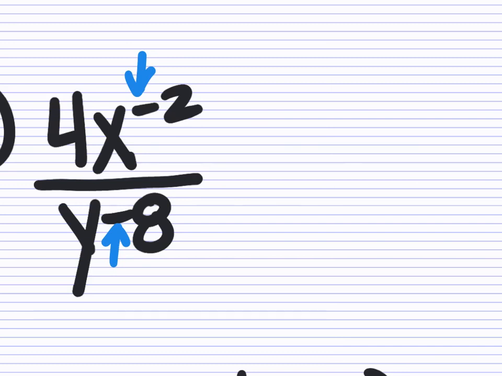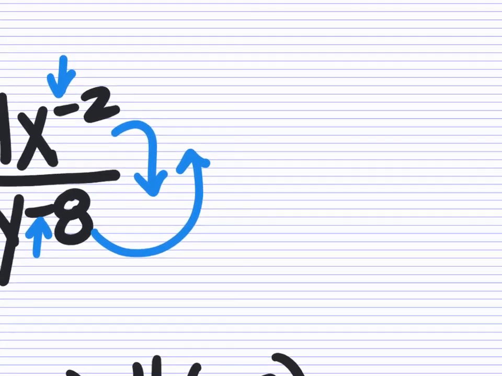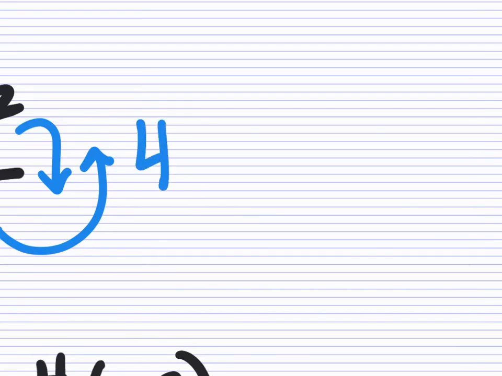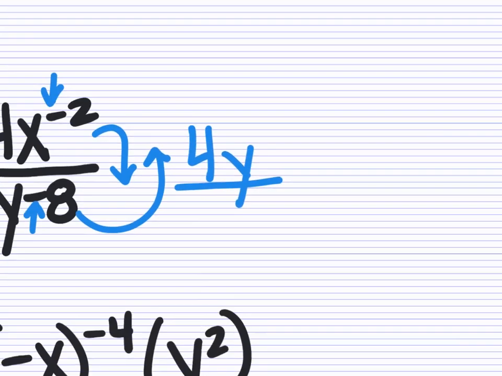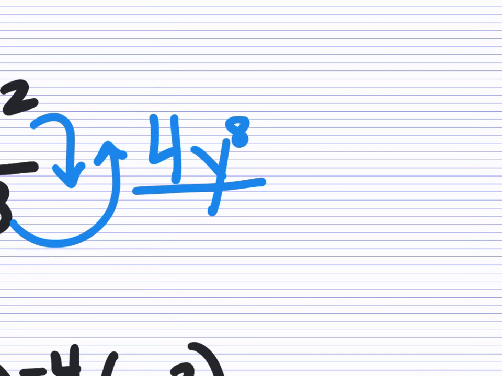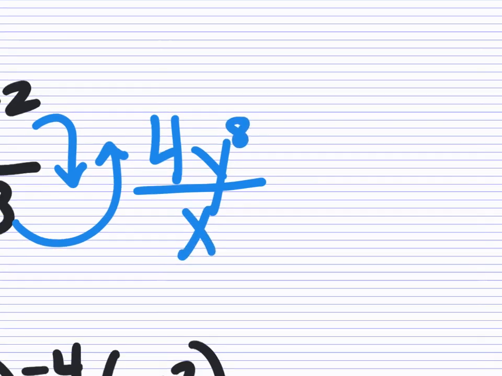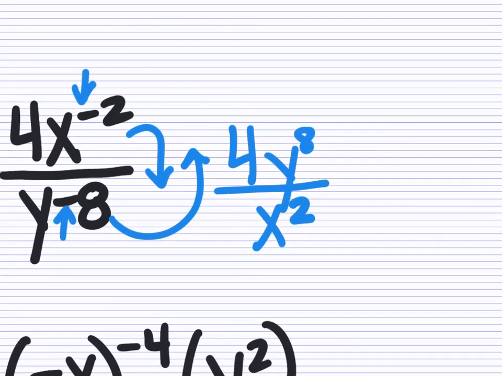In order to make this correct, our x has to move to the bottom and our y has to move to the top. So you get 4 over y to the 8th, x to the 2nd.